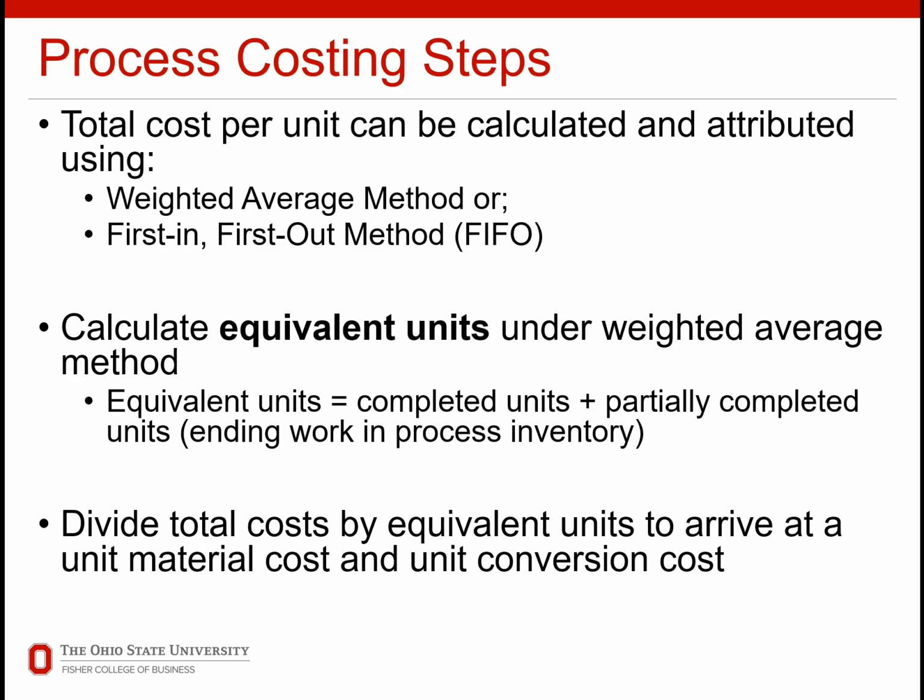Now, the conversion cost would include both labor and overhead. This is worth repeating: the unit material cost is self-explanatory, but the conversion cost has not been explained yet. In order to convert those materials into a finished good, we need to add both labor and overhead. That's worth pointing out on this slide.